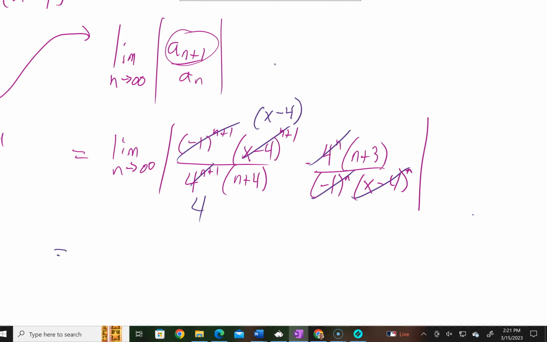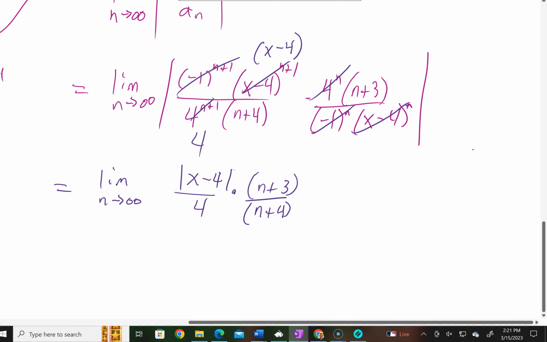Right now, you don't have to write this, but I'm just bringing this up because sometimes kids have been asking me about just the limit part. You don't have to write what I'm writing right now, but I want to very clearly tell you, this n plus 3 over n plus 4, that is evaluated from the limit, right?